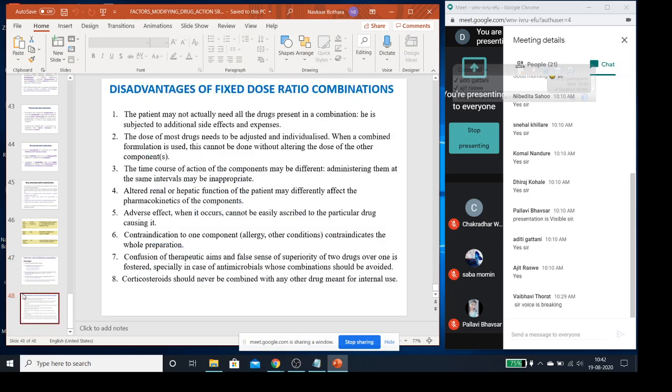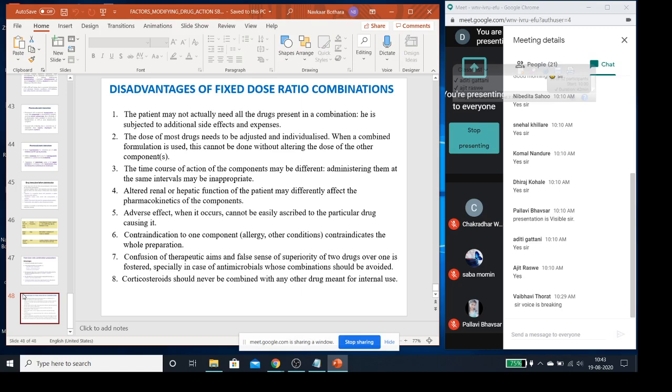Then next, what are the disadvantages of it? The patient may not actually need all the drugs which are present in the combination. It is very, very important, and as I told you, those who are interested in better knowledge can do a Google search and type fixed dose combination India, various regulations for that.